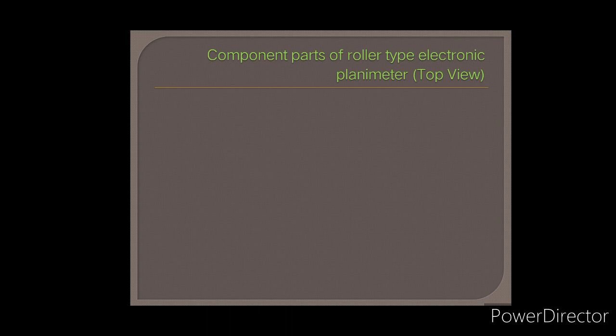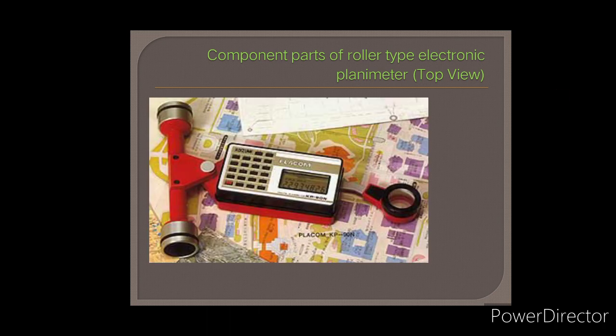And coming to the component parts of the roller type electronic planimeter. Now you can see here, this is a roller type planimeter where you have the tracing magnifier. This is the main component. The center of the magnifying lens will be continuously traveled through the periphery of the area to be measured, and this is the tracing arm.